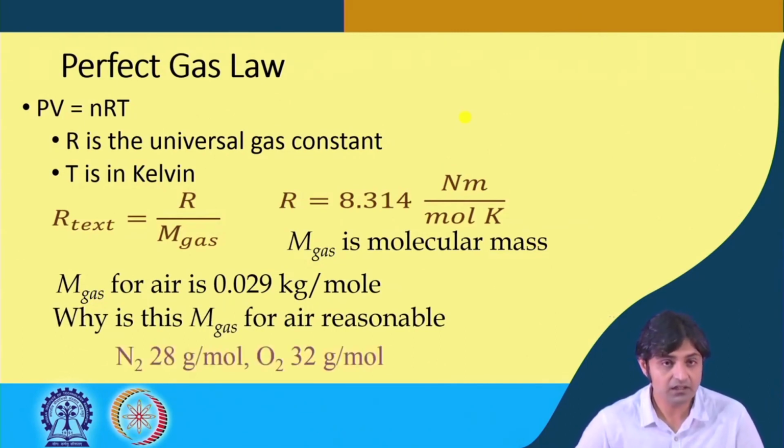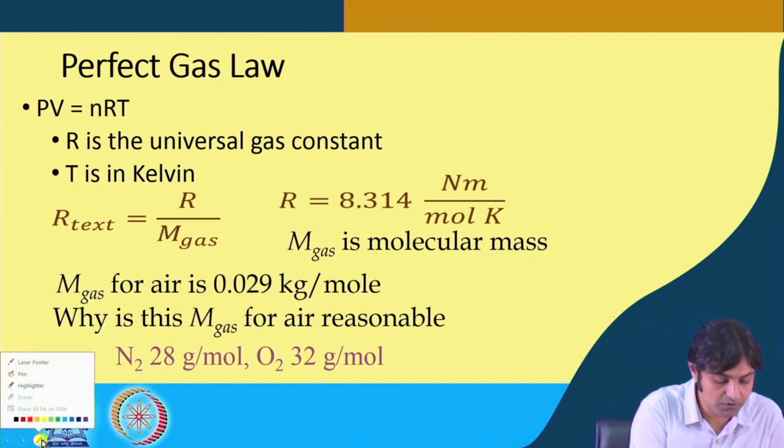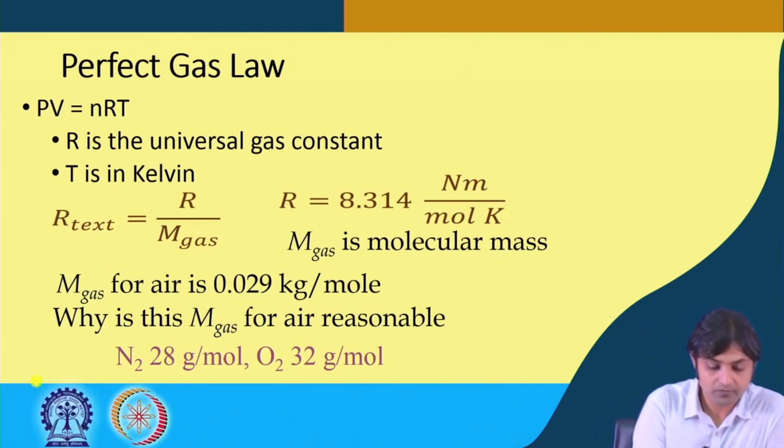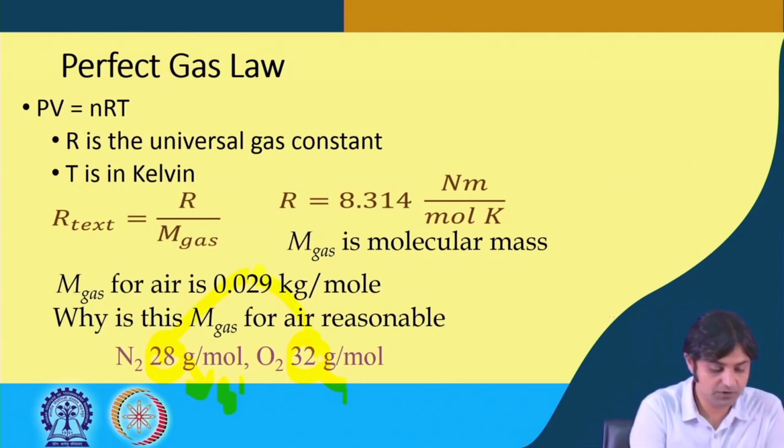The reason lies in that air comprises almost 80% nitrogen and 20% oxygen. The molecular mass of nitrogen is 28 gram per mole and oxygen is 32 gram per mole. So if you see this 32, this 28, and this 80%, this is how this value will come.